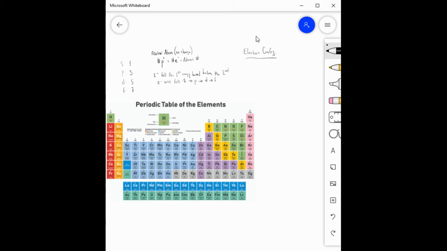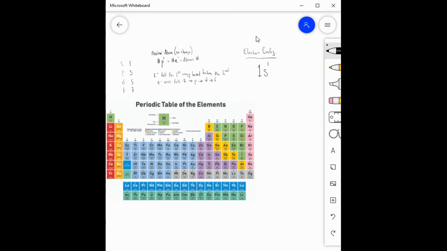It's going to have a number, it's going to have a letter, and it's going to have up here the number of electrons that are in that level.